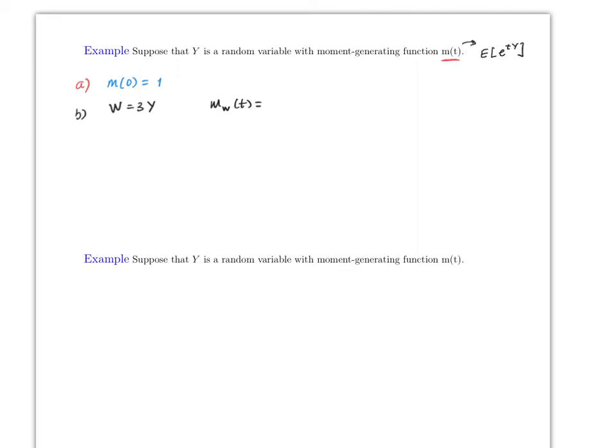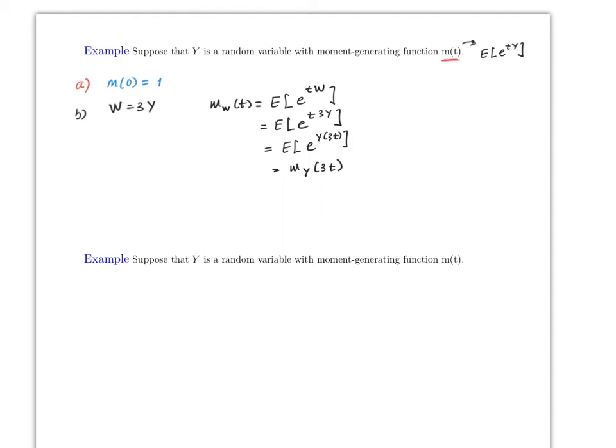So in our case, since w is equal to 3y, this should be the expected value of e to the tw, which has to be e to the t times 3y, which is the same thing as the expected value of e to the y times 3t. So therefore, this is the same thing as the moment generating function of y, but evaluated at 3t instead of just t.